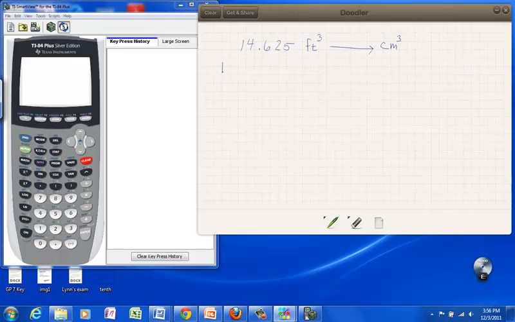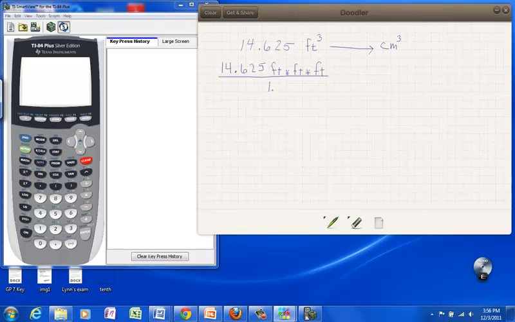Another way to write that is 14.625 feet times feet times feet. Notice, since that was not in parentheses, only the feet are being cubed. The 14.625 is not.